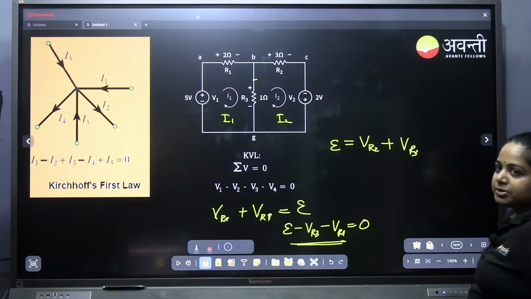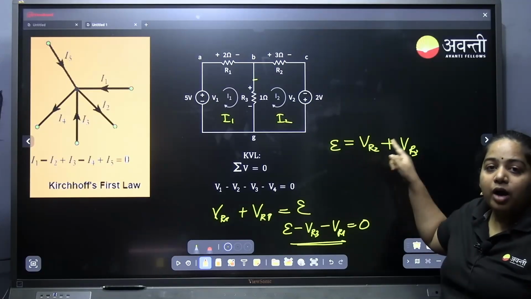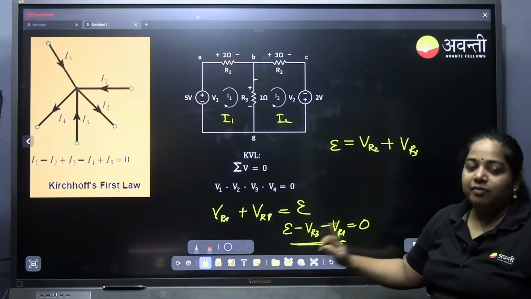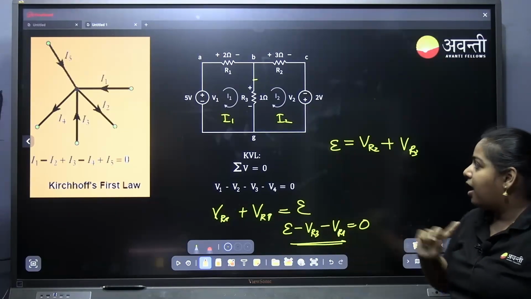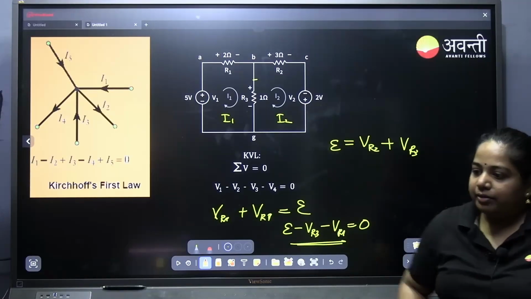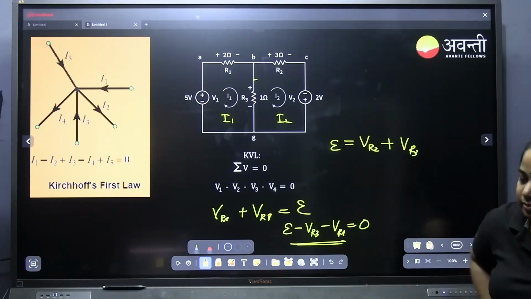So here you will substitute I2 R2 plus I2 R3. Here it will be I1 R3 plus I1 R1. We have to substitute like this and solve. Clear? Should I repeat?